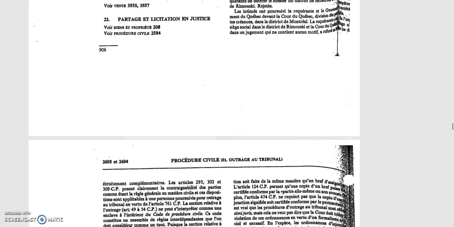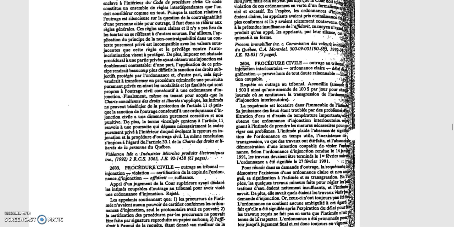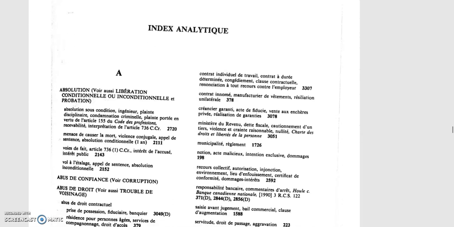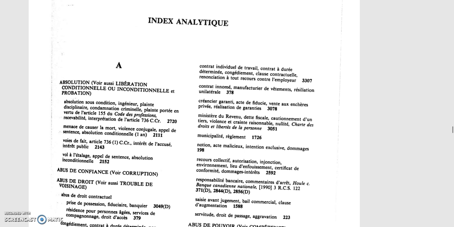If I keep going down the Plan des sommaires, I'm going to come across the next section, which is index analytique. Okay, so index analytique, as you can see, has a list. The ones that are in capital letters are the indexation, so the main topic.